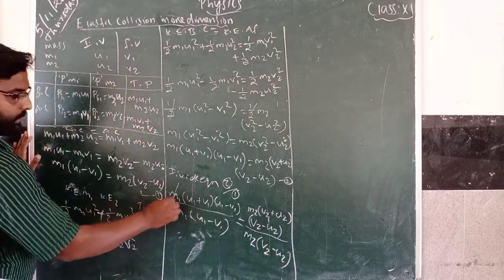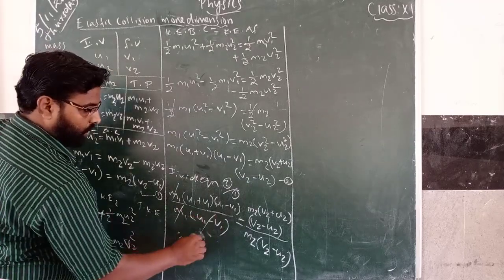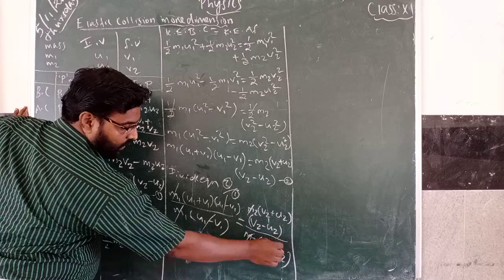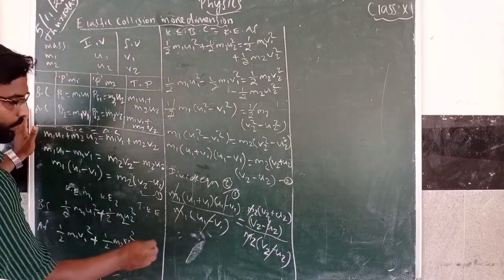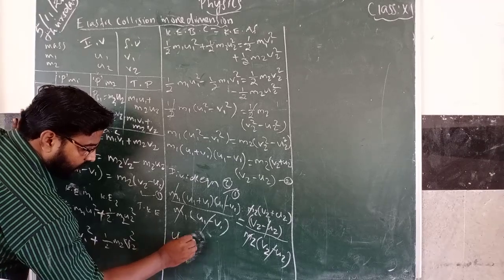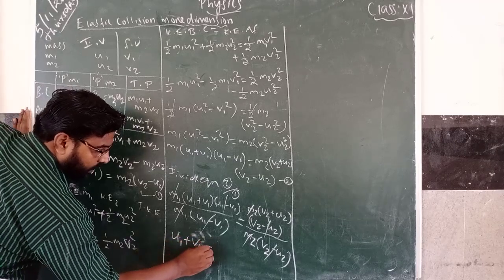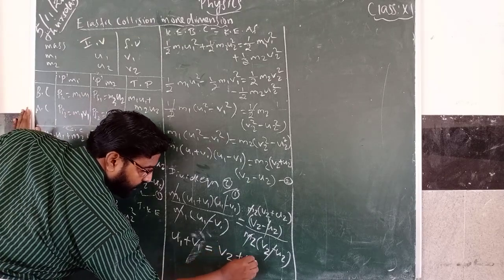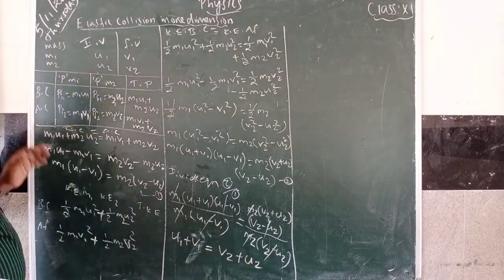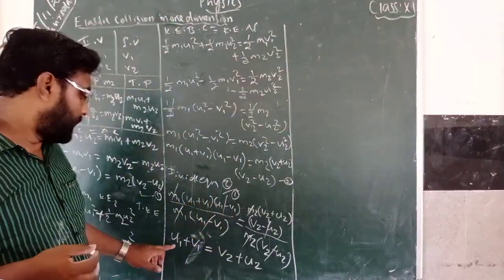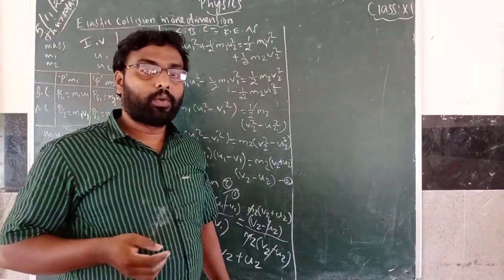Cancel m1, u1 minus v1, m2, and v2 minus u2. Remaining is u1 plus v1 equal to v2 plus u2.